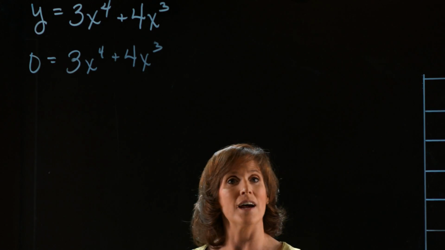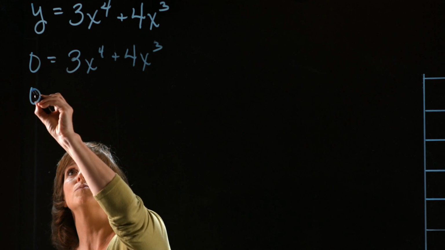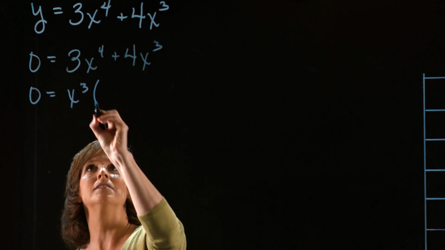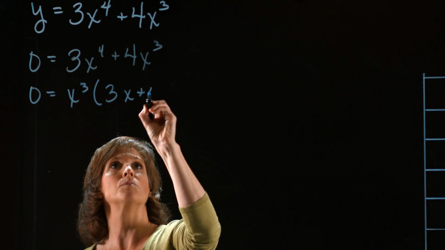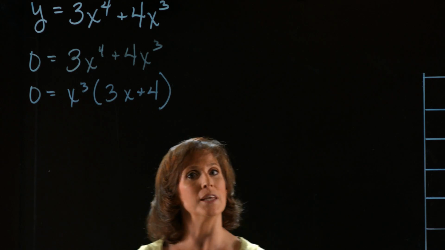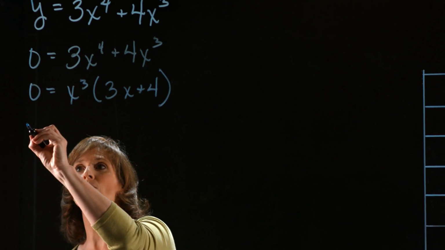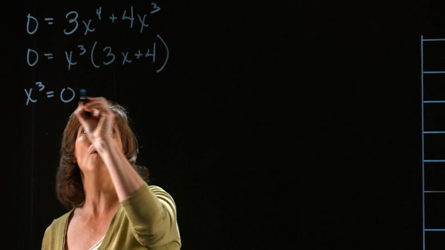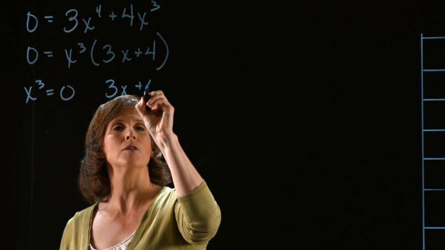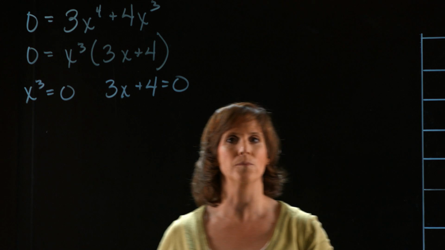Luckily, I can factor an x cubed out of my expression. So I've got x cubed times the quantity 3x plus 4. I have two things multiplied together that equal 0, so one of them must be 0. So either x cubed is 0 or 3x plus 4 equals 0.